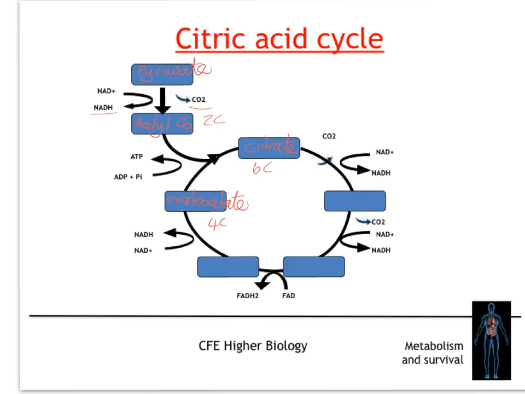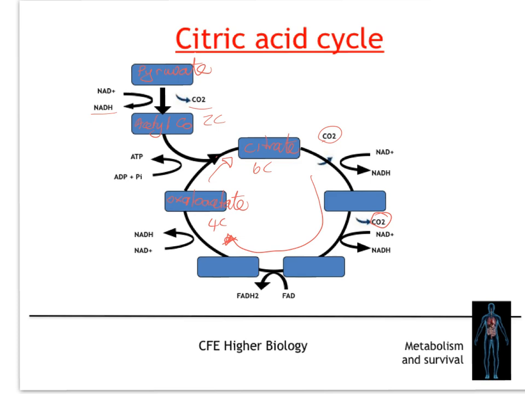Now citrate then goes through a series of enzyme-catalysed reactions back to oxaloacetate. Because it goes from a 6-carbon to a 4-carbon, it has to have lost some carbons along the way, and so it does. It loses them here in the form of carbon dioxide and here in the form of carbon dioxide to make the citrate back to oxaloacetate, and then the cycle will happen all over again, hence the reason why it's a cycle.